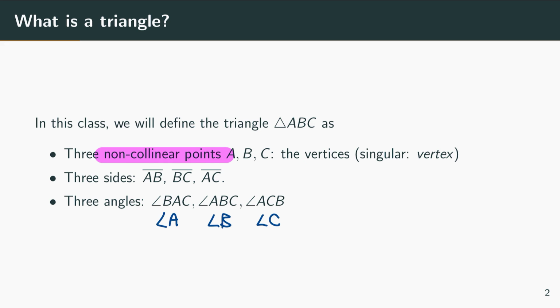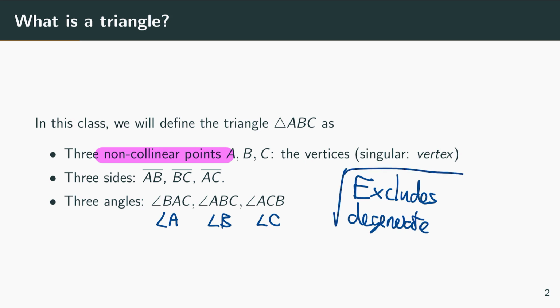So let me make a little remark here. This may or may not match your idea of what a triangle should be. This definition excludes degenerate triangles. The definition that we're taking is that they are non-collinear. There's no reason for that; it's convenient for the statement of our theorems, so we're going to work with that as the definition. If instead you wanted to talk about degenerate triangles, you could extend the theory to make sense out of that.